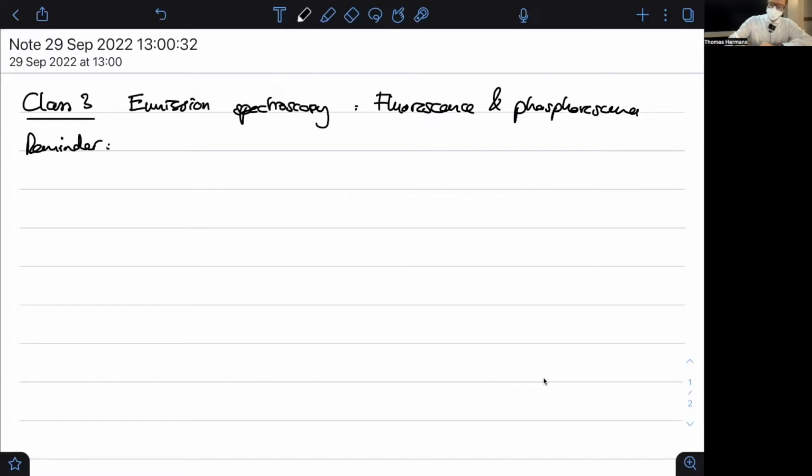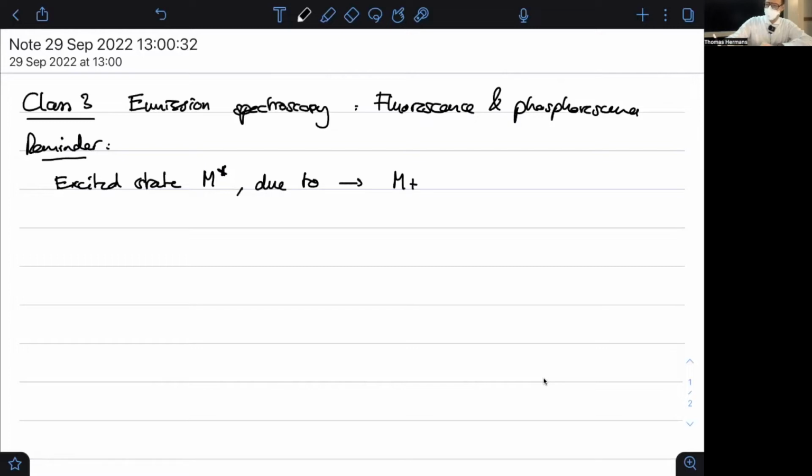Reminder. Last time we talked about the excited state, M star. How can we get excited states? Different ways. Which ones? Yes, so we can absorb light, right?